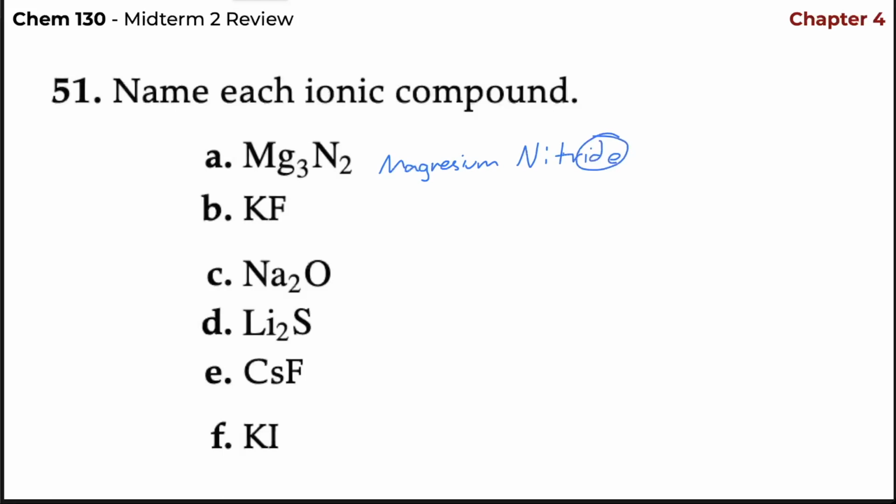K is potassium, right? So this would be potassium fluoride. Is that how you spell it? Okay, fluoride. There we go. Sorry. This would be sodium oxide. This would be lithium sulfide.